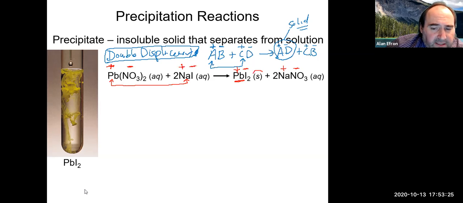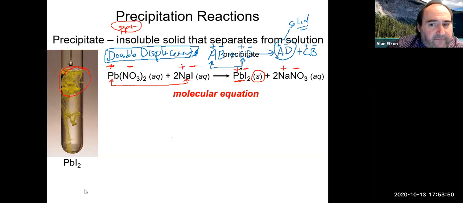Now, the formation of that lead(II) iodide is a solid. It is this yellow solid that we see here in the test tube. That is why it can also be classified as a precipitation reaction, because essentially we have made a solid, or a precipitate. A precipitate, sometimes abbreviated PPT, is some type of solid that's formed from the mixture of two solutions together.